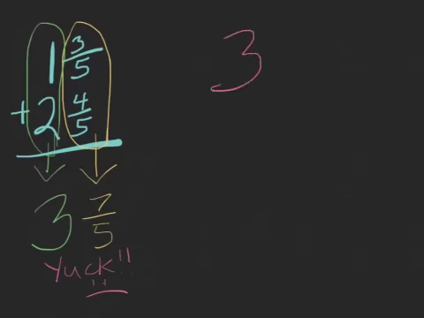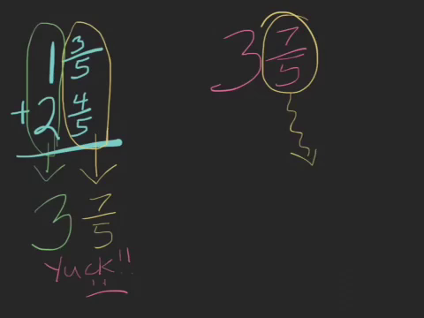So let's take that 3 7/5 and rework it. So this really means 7 divided by 5. We could take one whole group of 5 out of 7.